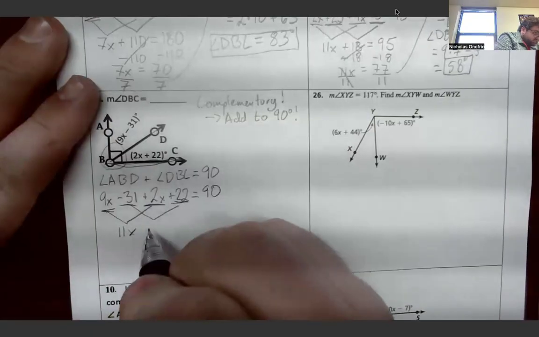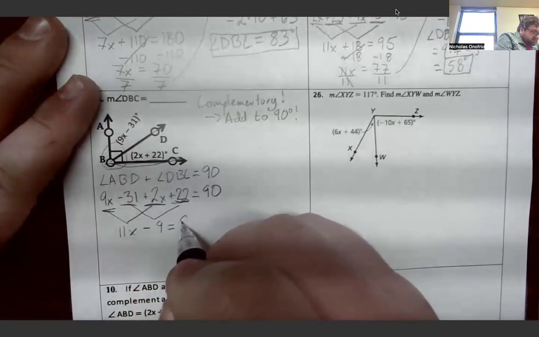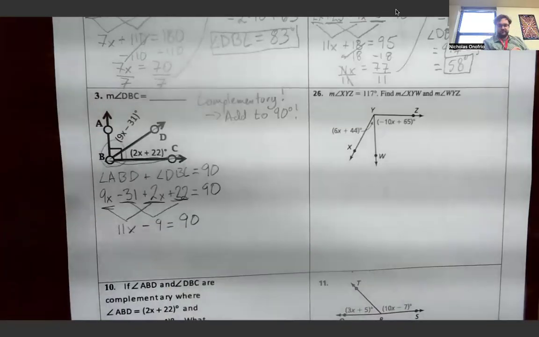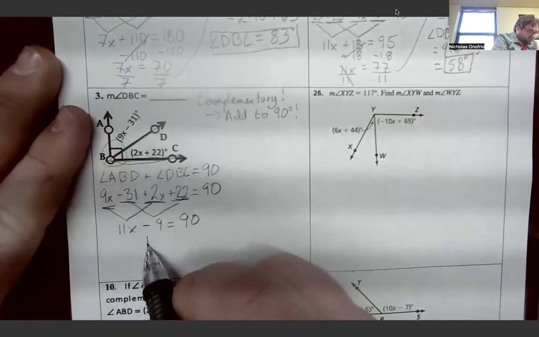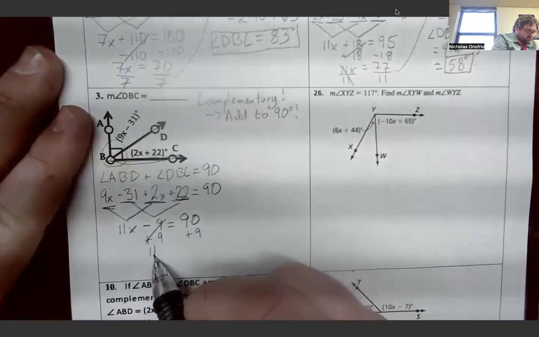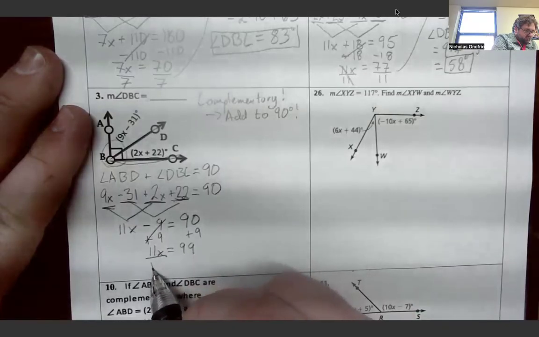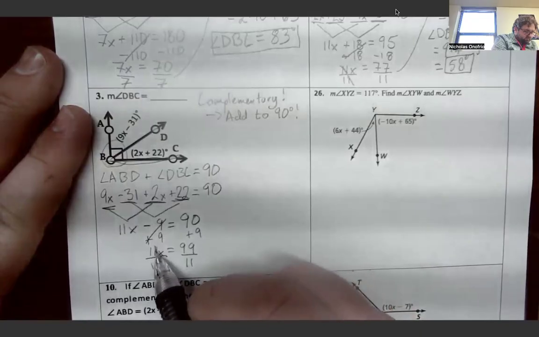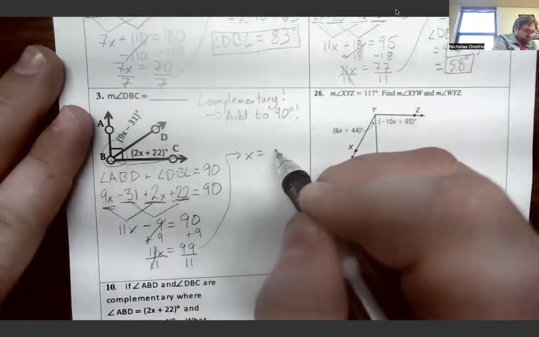Since my answer is a negative, I will put minus 9 equals 90. All right, next step, we have a minus 9, so let's get rid of it. Let's add 9 to both sides. We'll get 11x equals 99. Divide by 11. We will get x equals 9.